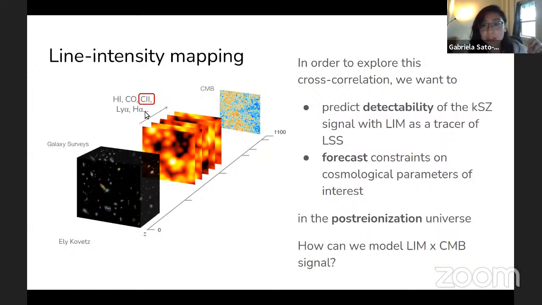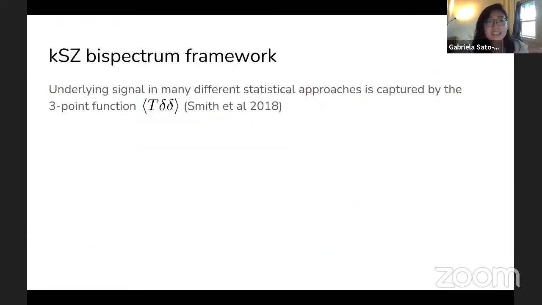And so we focus on this line, and we want to be able to say something about the detectability of this KSE signal with LIM as a tracer of large-scale structure, and to understand better what we can say about relevant cosmological parameters. The way that we approach this is using this KSE bispectrum framework.